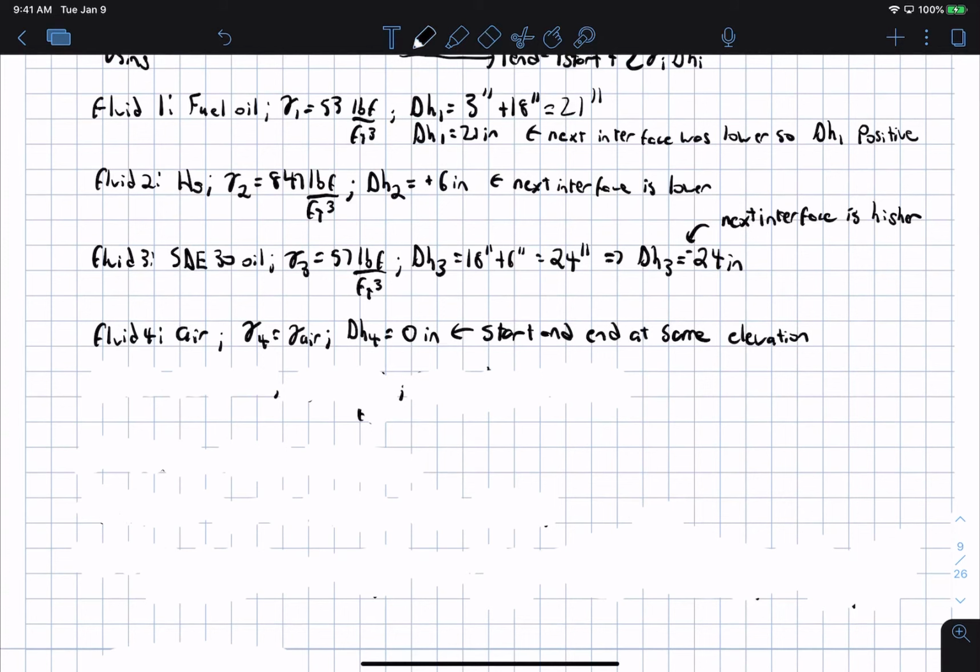And then also you could neglect this because typically gamma of air is much, much smaller than gamma of a liquid. Okay, for instance, the specific weight of air at atmospheric pressure is about 1,000 times less than what it is for a liquid.